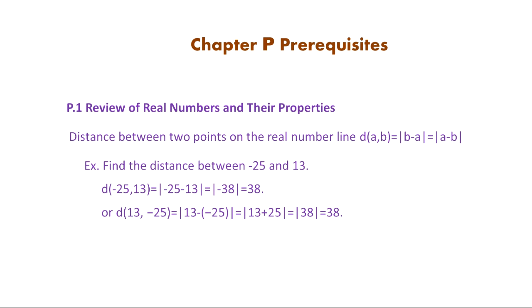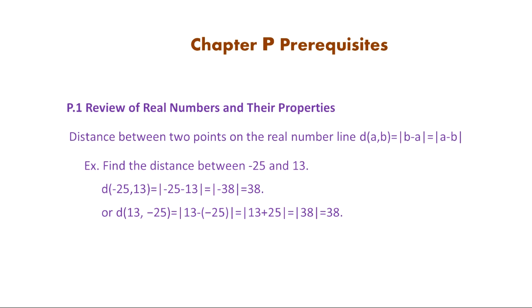So for example, how do you find the distance between negative 25 and 13? You can write D parentheses negative 25 and 13 equal to negative 25 minus 13. So you subtract two numbers in this order, you're going to get negative 38, right?